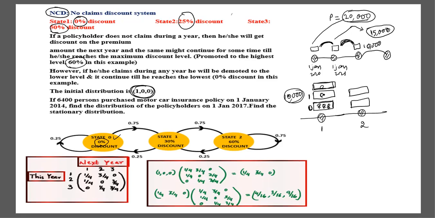In terms of numbers, all the 10,000 will be in this state. The insurance company will rate them 0. If somebody does not claim, they will be promoted to this level, and the company will rate that policyholder 1. Nobody will go here. In 1 year, they will not give two promotions. Some will stay here. Those who claim will be at 0% discount, that is state 0. There are three states, 0, 1, 2. Here 0% discount, here 30% discount, here 60% discount.